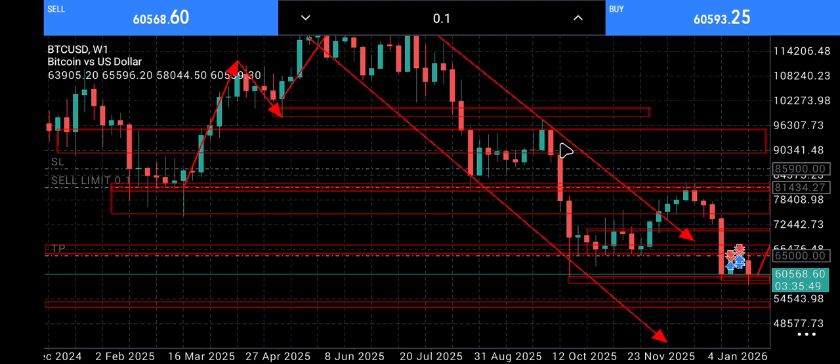Then this one is a close below. Remember, this is a bullish candle, and this is a bearish candle, but it has a bigger body than the previous green candle.